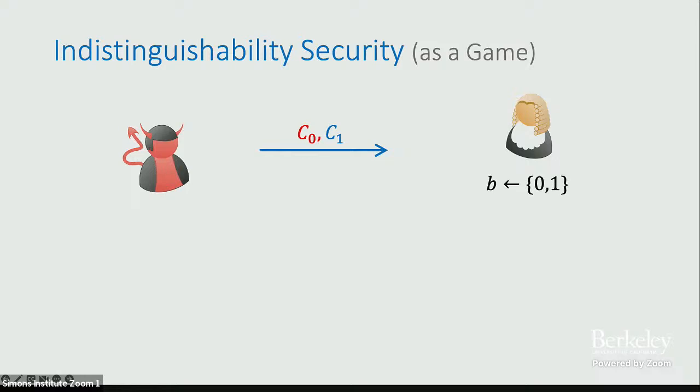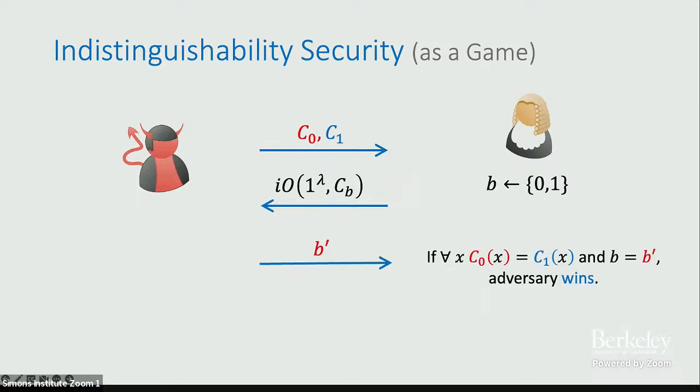The challenger will randomly flip a coin b, obfuscate one of the two programs, and send the obfuscated program back to the adversary. The adversary is required to guess which program is obfuscated, so it sends back the guessing bit b prime to the challenger.